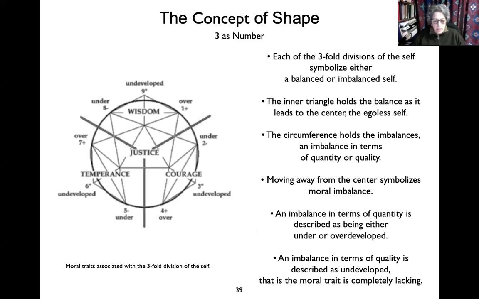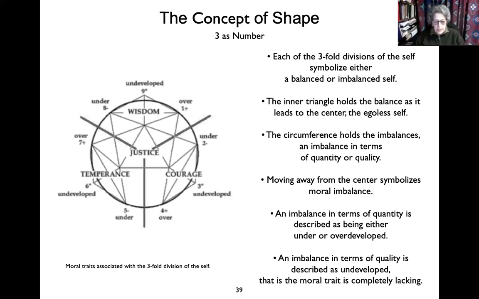So again, we're still at 3. Each of the threefold divisions of the self symbolizes either a balanced or an imbalanced self. The balance is these here on this small triangle, and the imbalanced are the ones on the circle. The circumference holds the imbalances, an imbalance in terms of quantity, too much or too little, with the minus sign or plus sign, or undeveloped with a small circle.